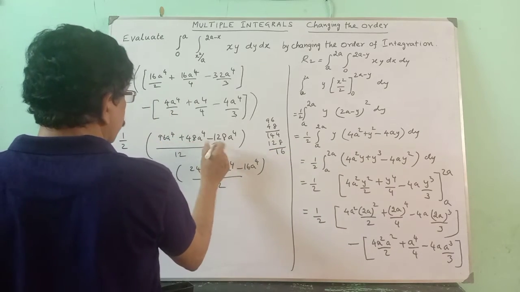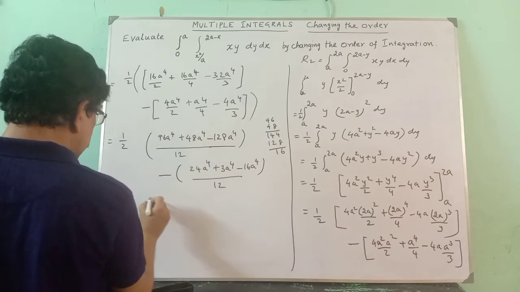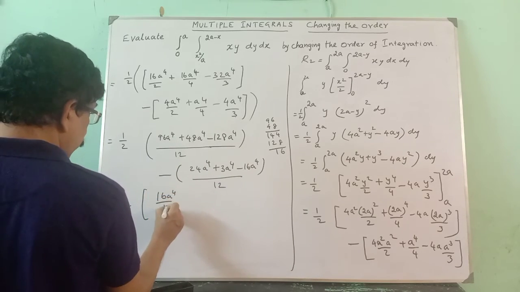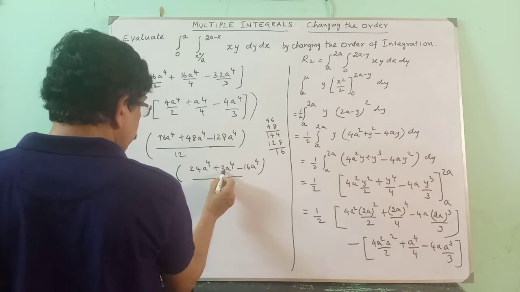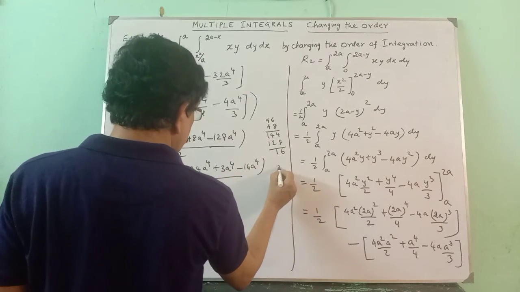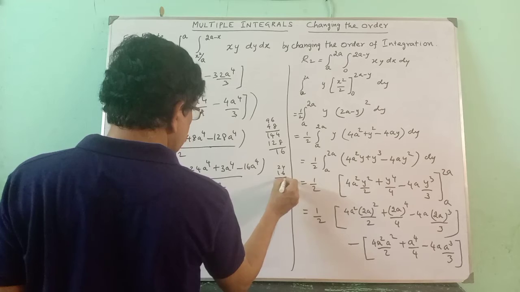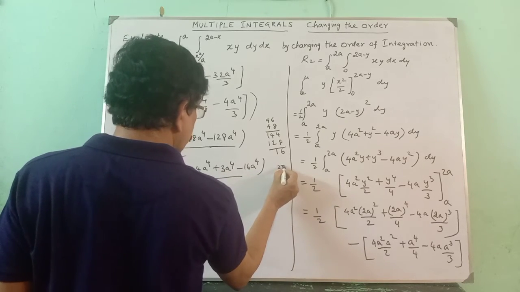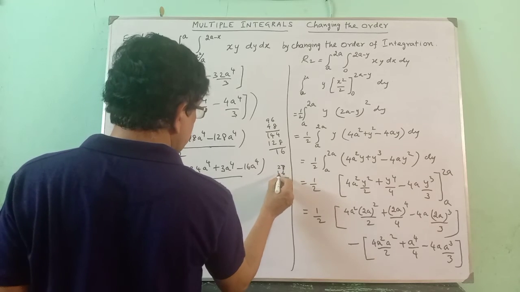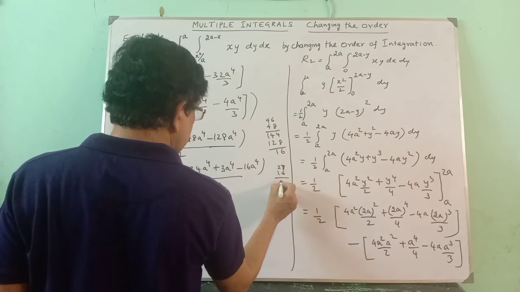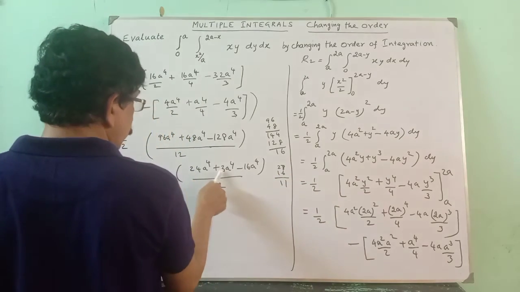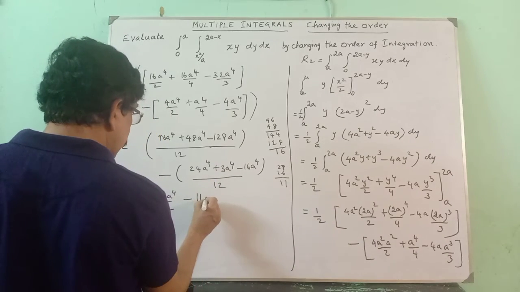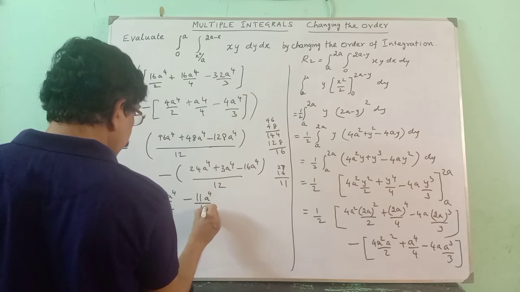So the total value is 16 a power 4 by 12. Here, 27 a power 4 minus 16 a power 4: 24 plus 3 is 27, 27 minus 16 is 11, so 11 a power 4 by 12.